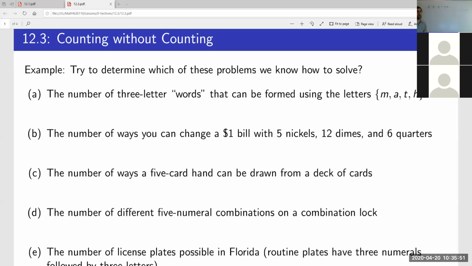So how about the number of ways that a 5-card hand can be drawn from a deck of cards? Can we solve that? So it doesn't tell us if we're talking about a specific 5-card hand or a generic 5-card hand. They're talking about like poker.